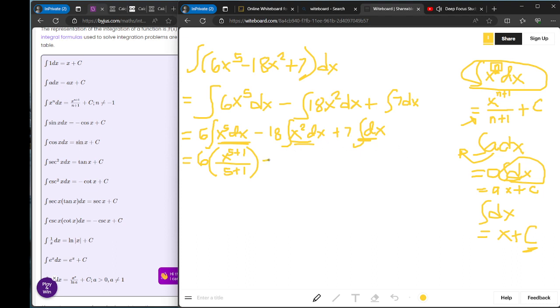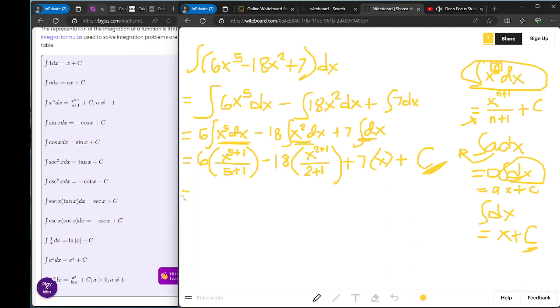And this will become 18 times x to the 2 plus 1 over 2 plus 1. Then plus 7, and the integral of dx is x. Then we put plus c, because c is any constant. Supposedly we'd have another plus c, another plus c, but by the rule we just use one c.